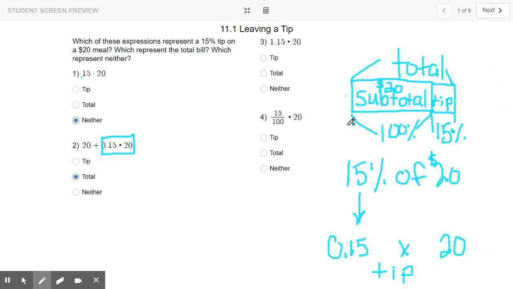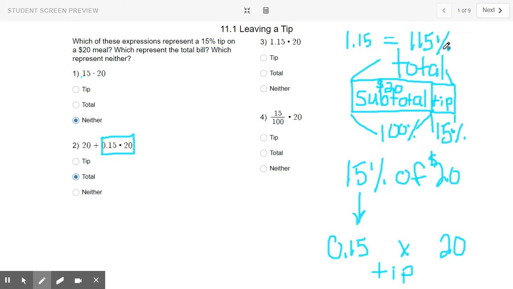And when I'm looking here, I'm noticing the total in this case is 115%, right? 100% plus 15% is 115%. So if I were to convert that percentage to a decimal, that equals 1 and 15 hundredths.